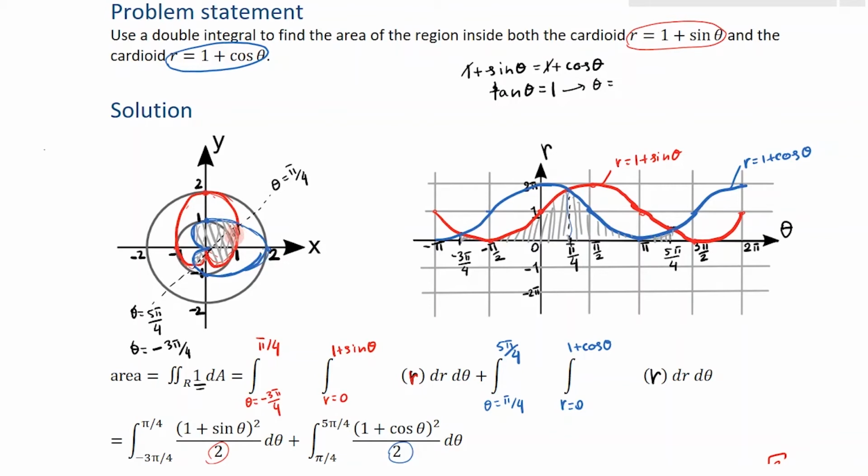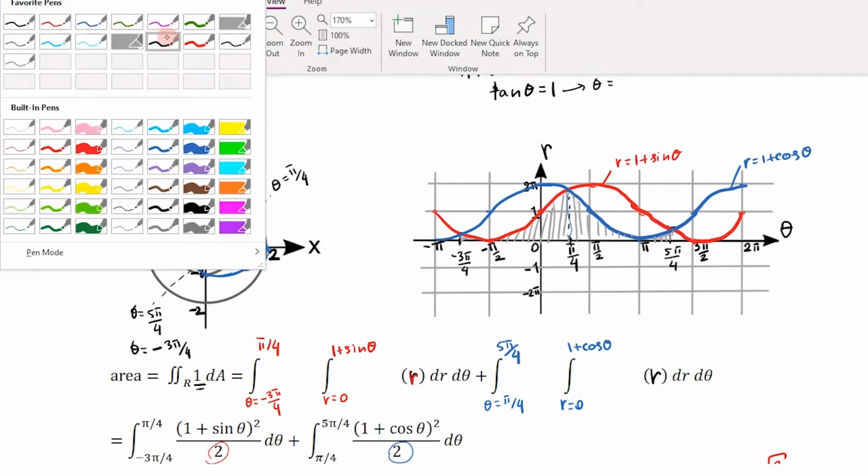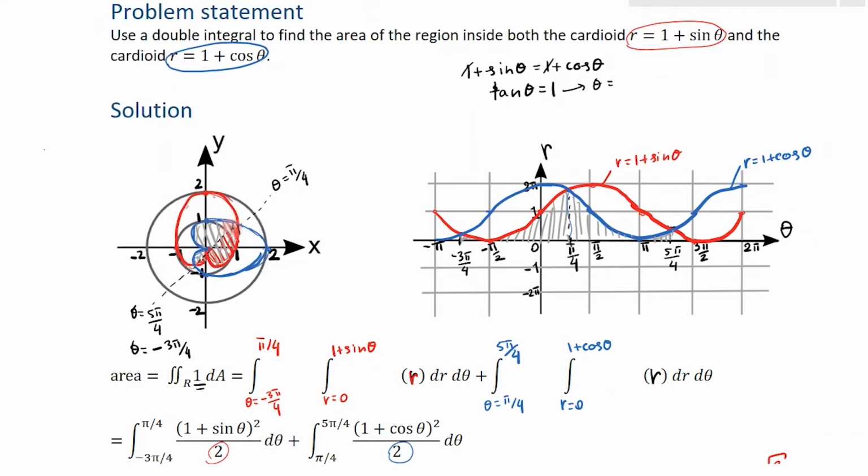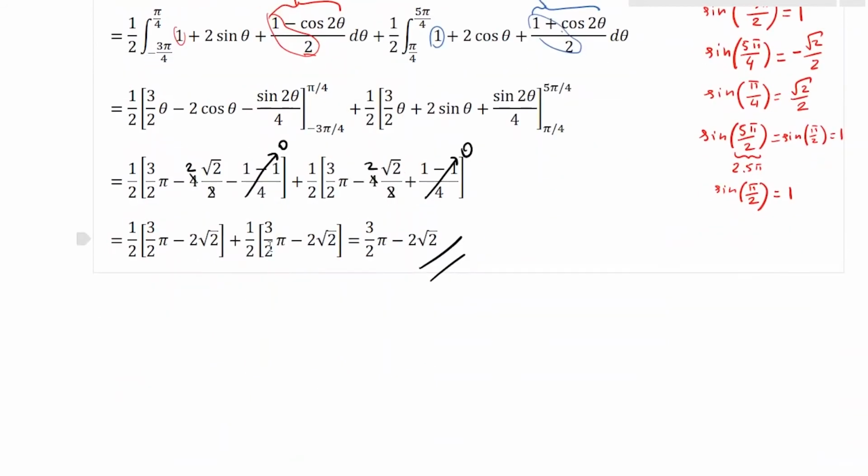So it's from negative 3 pi over 4 to pi over 4, this one, and then the rest is the second integral. So you see how they're the same? That's why we have the same number here and here.